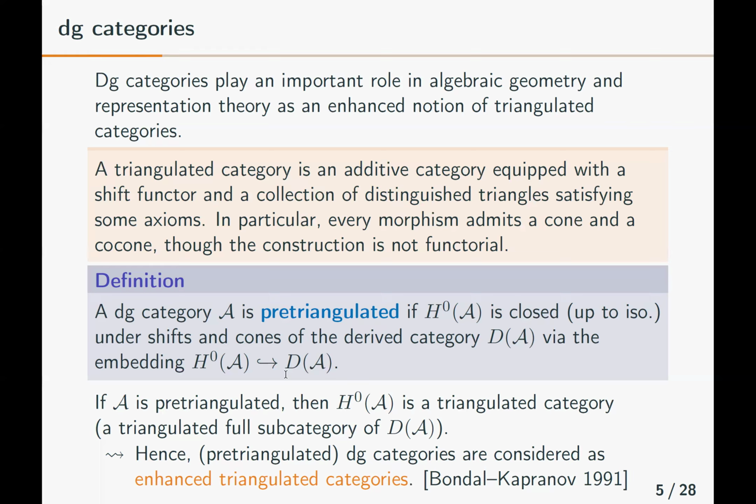In that case, the homotopy category, H^0 A, is a triangulated subcategory of the derived category, D(A). So pretriangulated DG categories can be regarded as enhanced triangulated categories. For this reason, they are widely used in the study of triangulated categories.